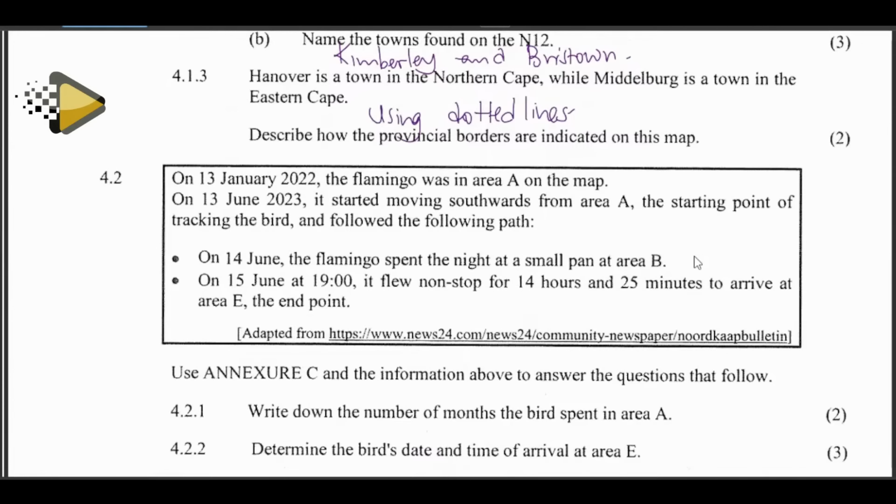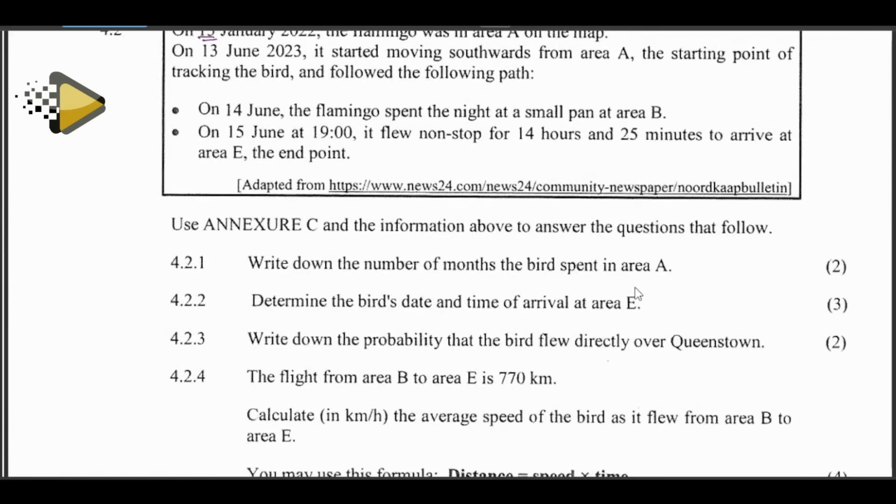Area A, it was there on the 13th January. The flamingo was in the area A. Then on 13th June, started moving. So it has been there for 1 year and a half. 1 year and the same number of months, which is what? It had been there for 18 months. Together?